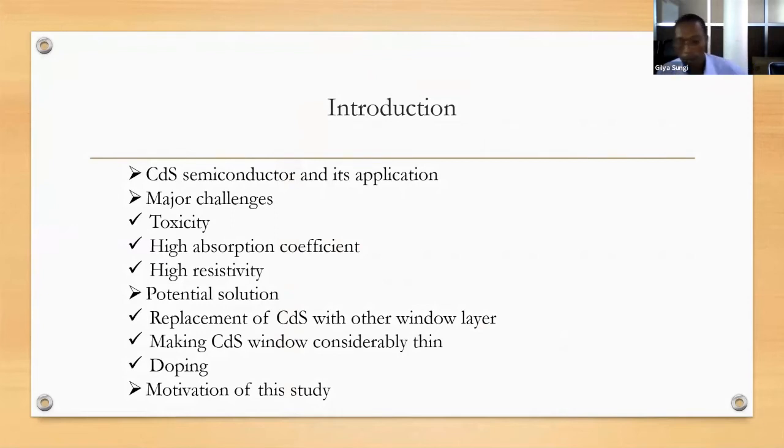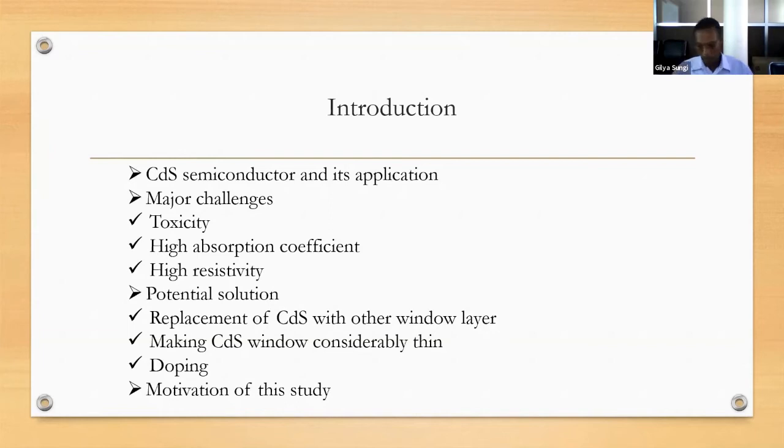Opening up of renewable energy has drawn new research interest in cadmium sulfide due to its application in solar cells. Cadmium sulfide has been found to be a reliable material that can be used in thin film solar cells, which include cadmium telluride, CIGS, and CZTS.